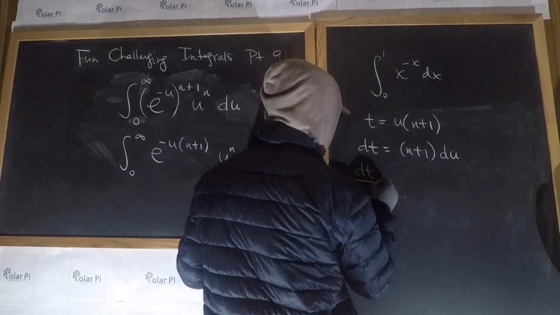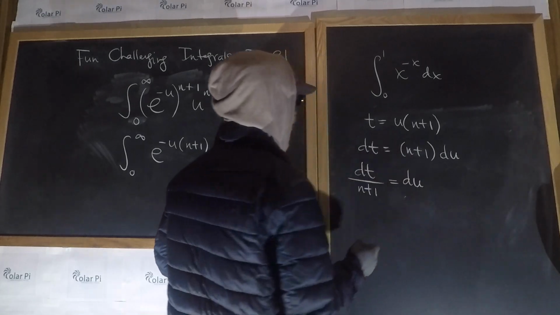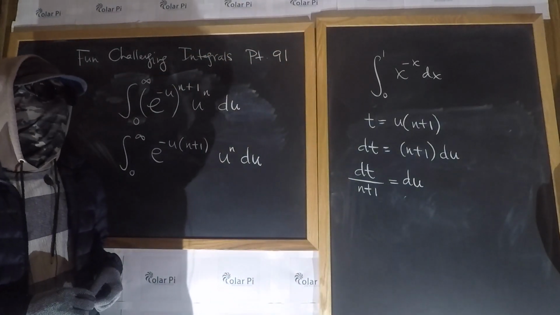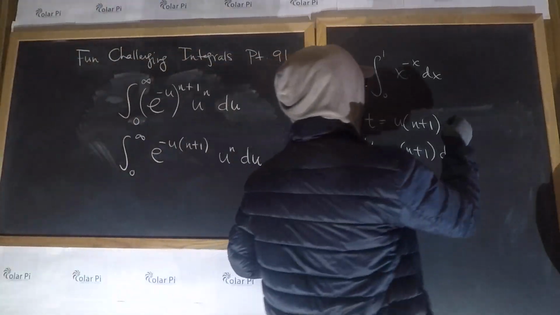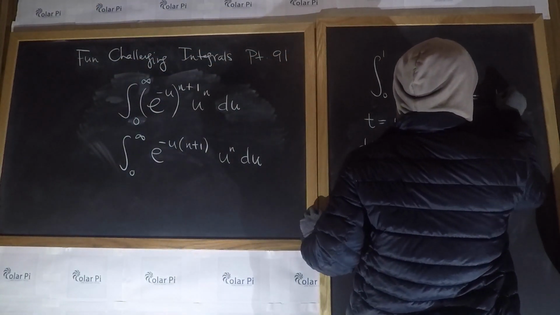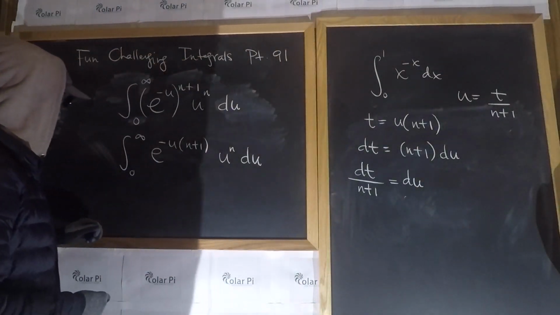dt over n plus 1 is equal to du, and then what else do we need to replace u, right? u is equal to t over n plus 1, right? Okay.